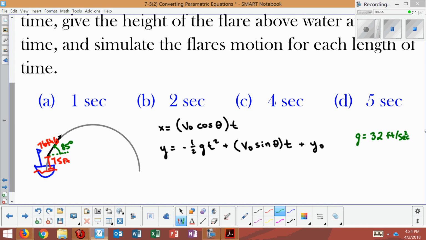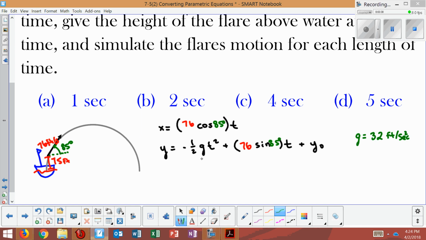So let's plug in what we know. We know in this problem that the initial velocity is 76 feet per second, so I'm going to replace this with 76 feet per second. Now we also know our angle is 85 degrees, so I'll type in 85 degrees. It goes there and there.